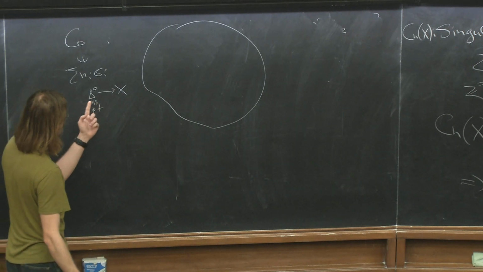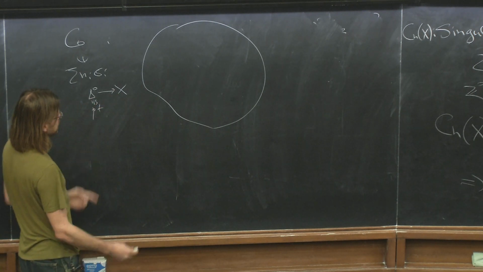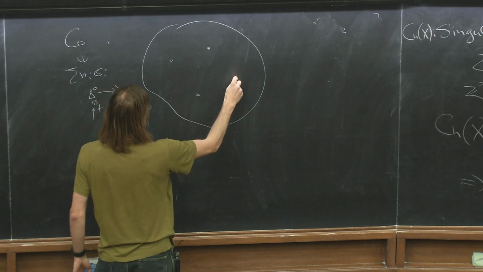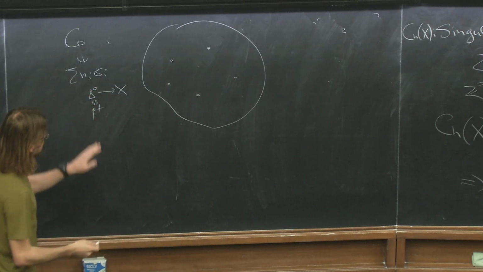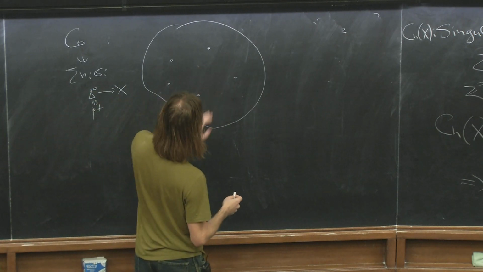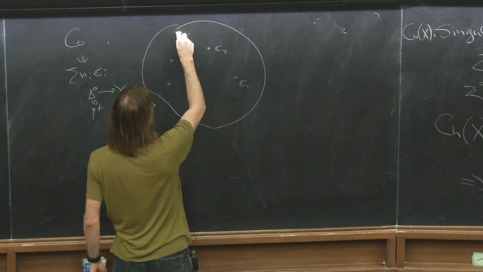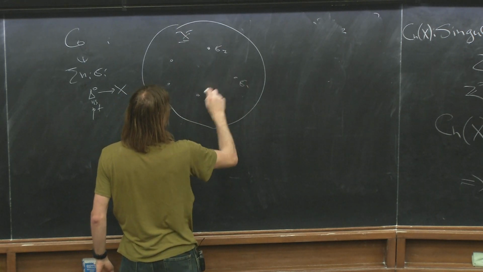A continuous map from a one-point space to X is completely specified by its image. So we can understand this linear combination as just a bunch of points in the topological space X weighted by some integers.